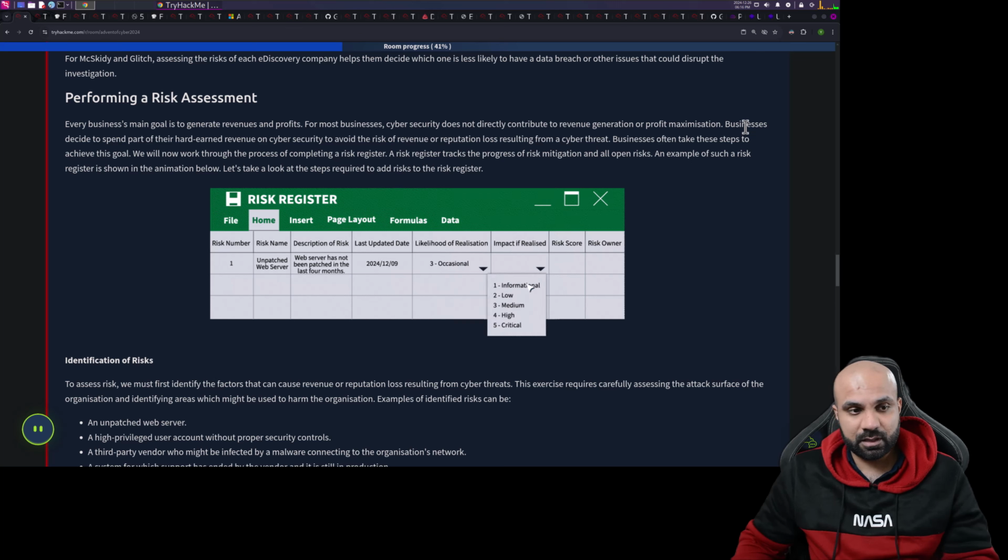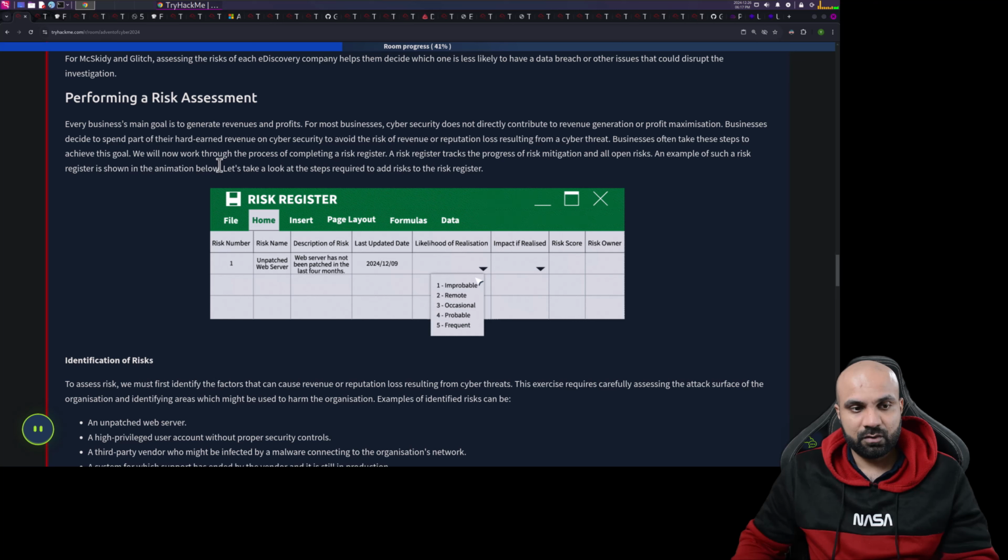So this is how the risk assessment will help the business owners to basically decide which features or what kind of cybersecurity policies they need to implement and how much financial commitment they want to make. Businesses decide to spend part of their hard-earned revenues on cybersecurity to avoid the risk of revenue or reputation loss resulting from a cyber threat. That is very true. Businesses often take these steps to achieve this goal.